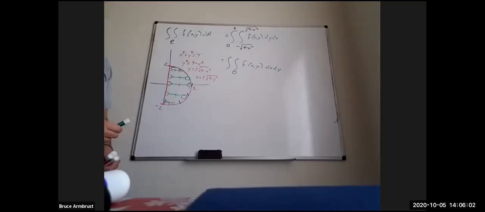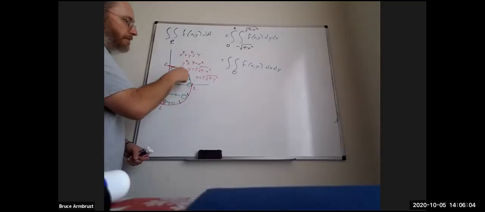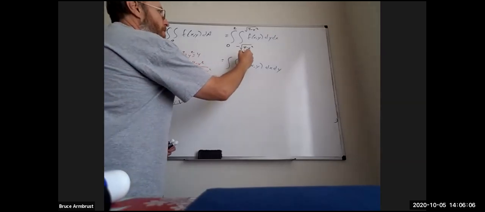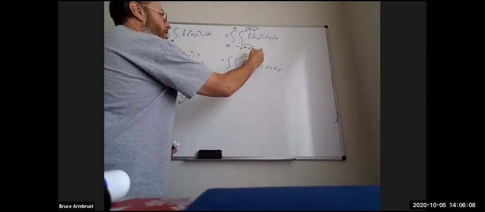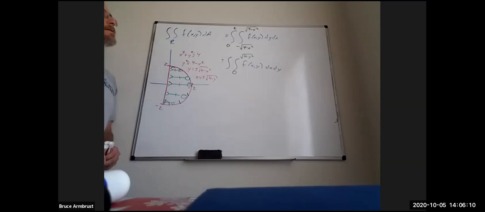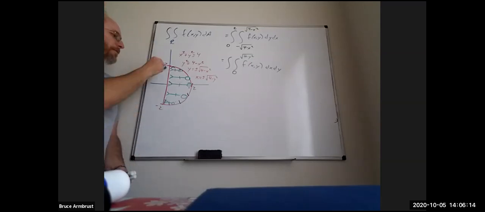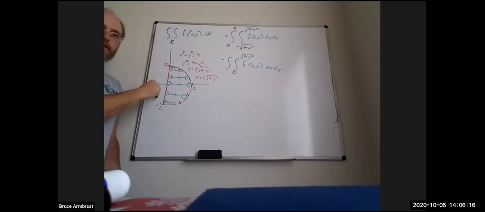We just need the positive one, because that's the positive x. So this one will be the square root of 4 minus y squared. Because the negative square root would have been the left side of the circle, but we don't have the left side of the circle right now.